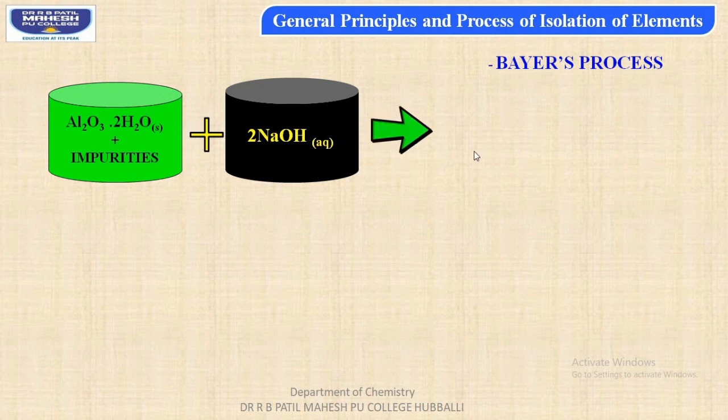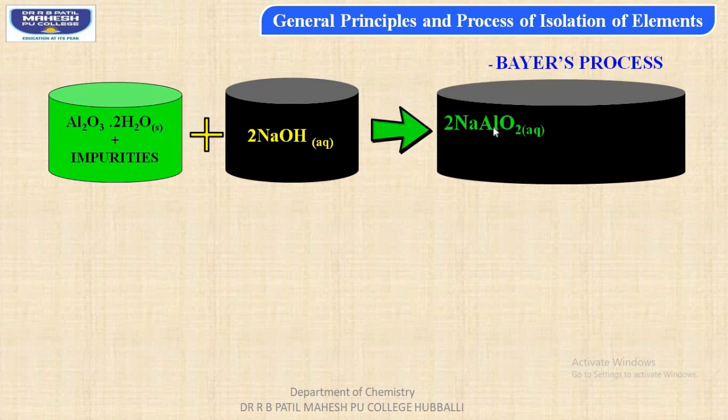This would be forming sodium meta-aluminate along with water molecule, and the sodium meta-aluminate is a water soluble component. As a result, impurities are not reacting with the sodium hydroxide, so impurities would be present as a solid residue at the bottom of the reaction vessel.